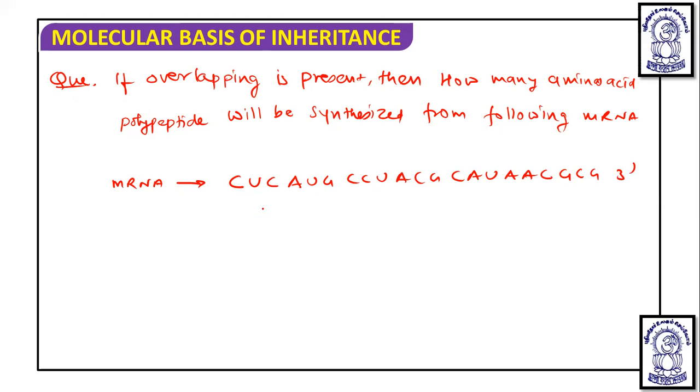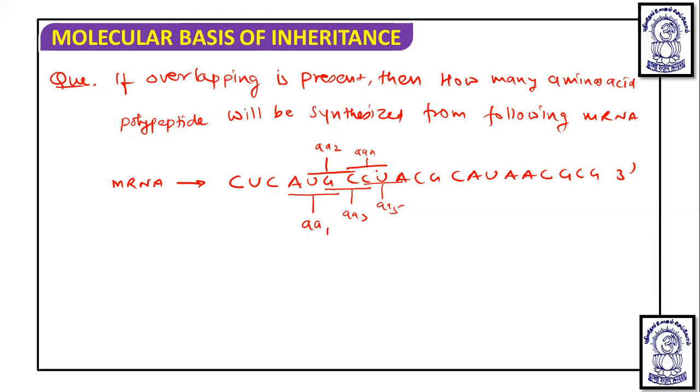Now overlapping is present. Means if we start from here, this is going to add a first amino acid. Then UGC will add a second amino acid. Then GCC will add a third amino acid. Then CCU will add a fourth amino acid. Then CUA will add a fifth amino acid.